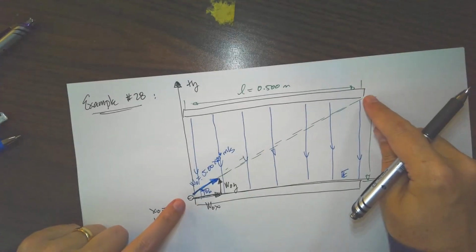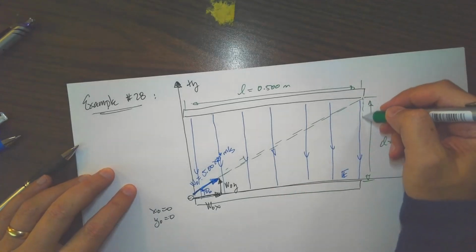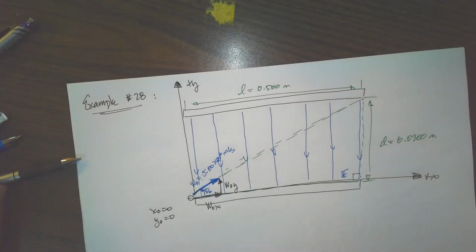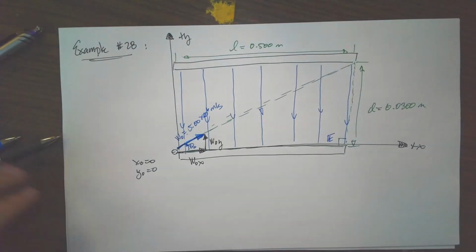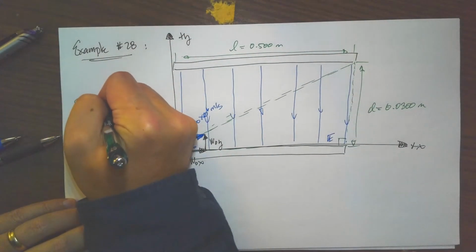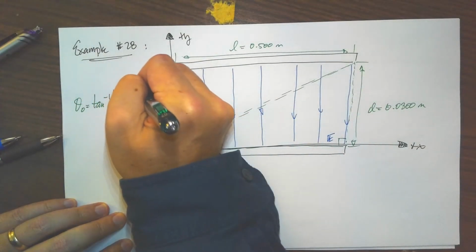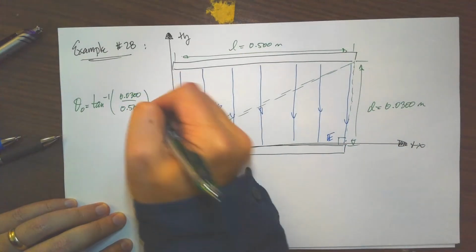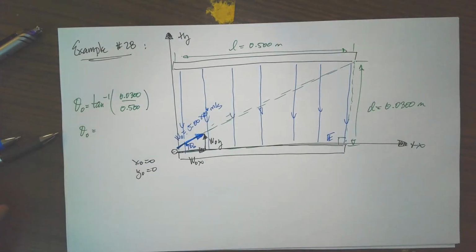The other thing is that since we're aimed towards this particular corner, we can get that angle just by the geometry of the plates that they specified in the problem. So my initial angle will be the inverse tangent of the opposite side, the 3 centimeters, over the adjacent side, which is the ½ meter. So let's go ahead and calculate our initial angle.